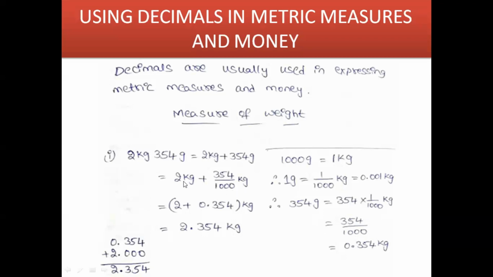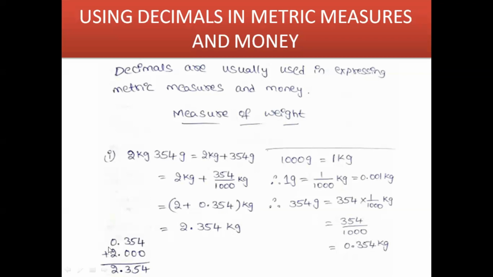See here 2 kg plus 354 by 1000 kg. We are changing grams to kg. So kg same. Now 2 plus 0.354, we are changing into decimals. We have to add.